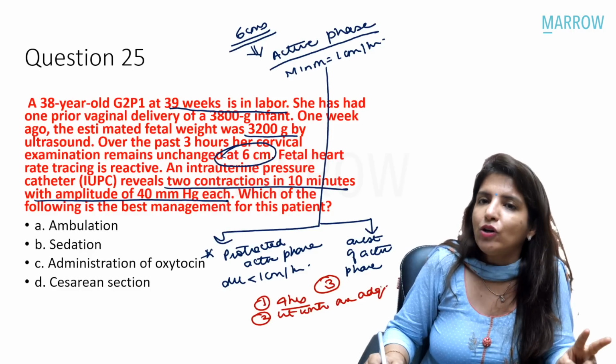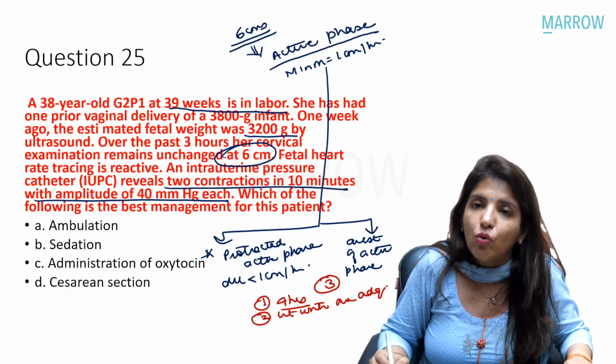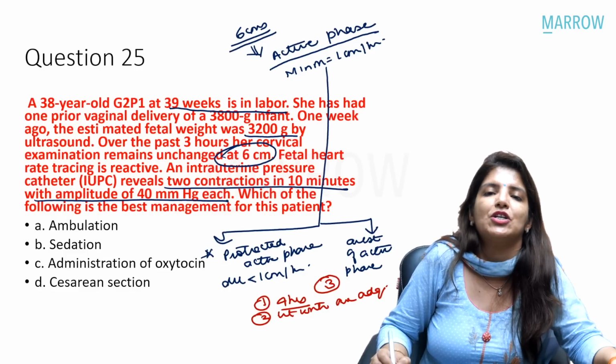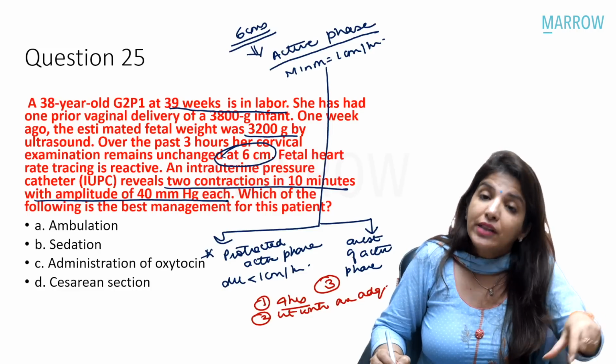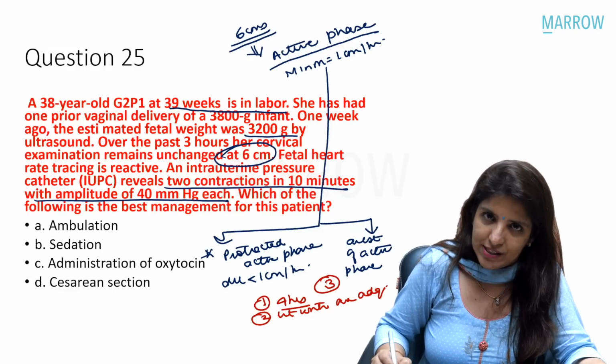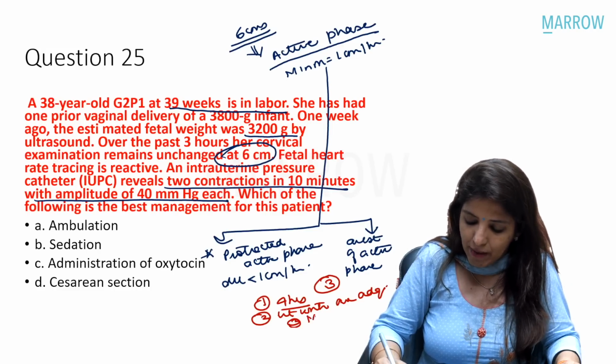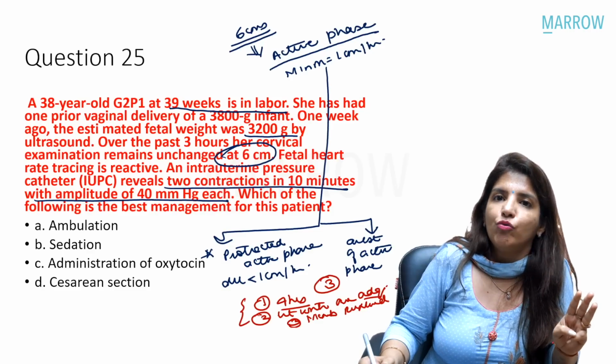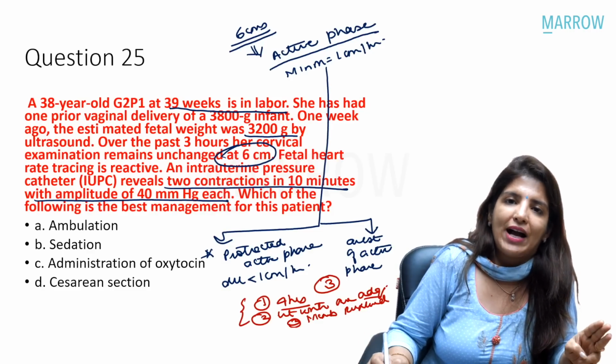If in spite of good uterine contractions, for 4 hours the patient has not dilated, then you call it active phase arrest. And the third thing is membranes should be ruptured. Only if all these 3 things are fulfilled, then you say it's a case of active phase arrest.